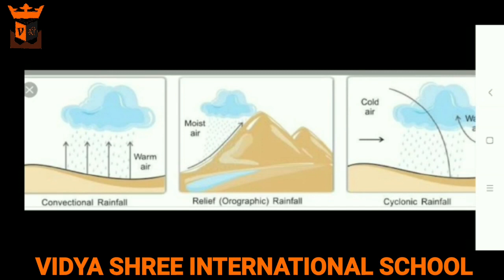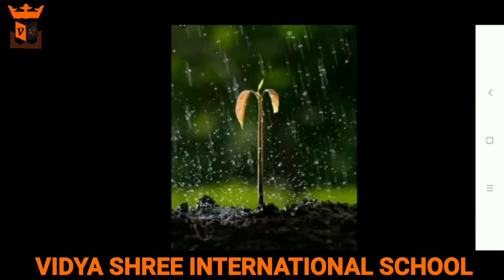The first is convectional rainfall, the second is orographic rainfall, and the third is cyclonic rainfall, as you can see in this diagram. Beta, rainfall is very important for the survival of plants and animals. It brings fresh water to the earth's surface. If rainfall is less, droughts can occur. And on the other hand, if it is more, floods can take place.